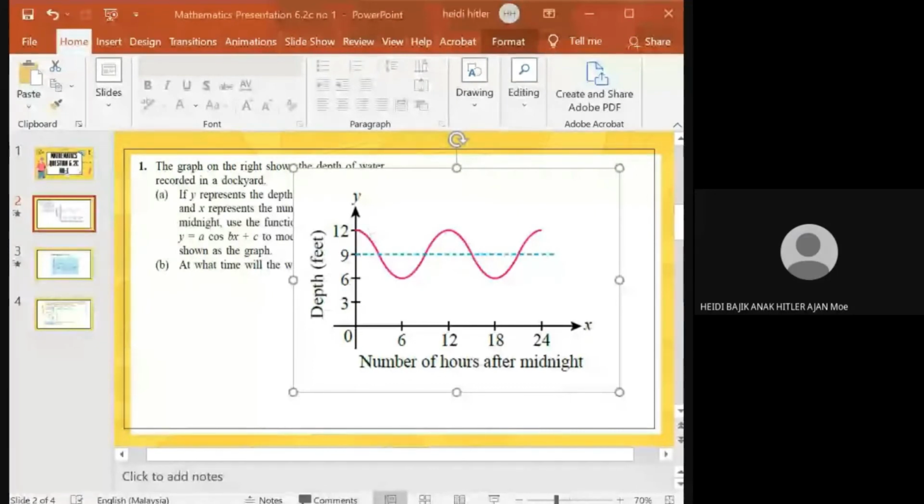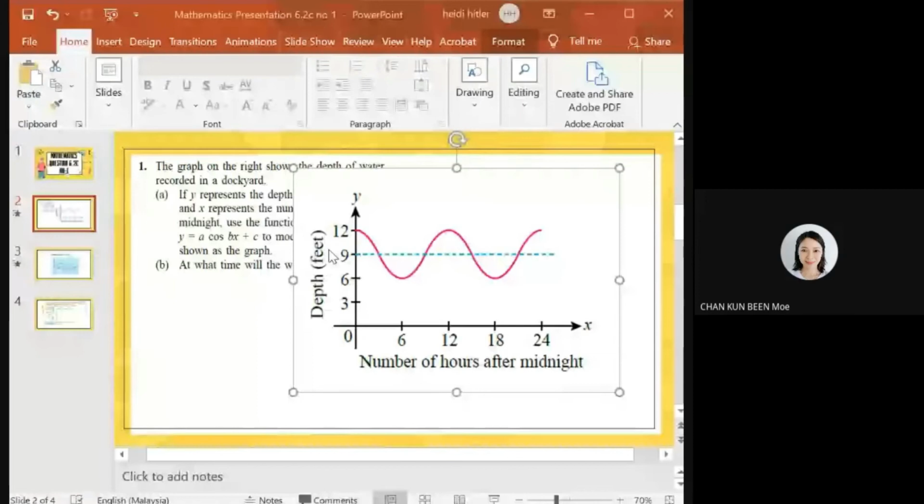And then for the period, we know that to calculate the period is 360 degrees over b. So 360 over b is equal to the period. We look at this graph: from here to here is the period. When we look at this graph, the period ends at 12.